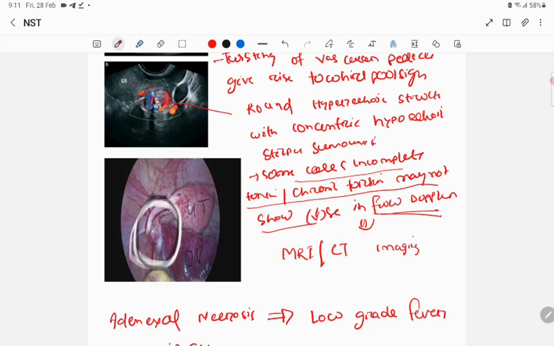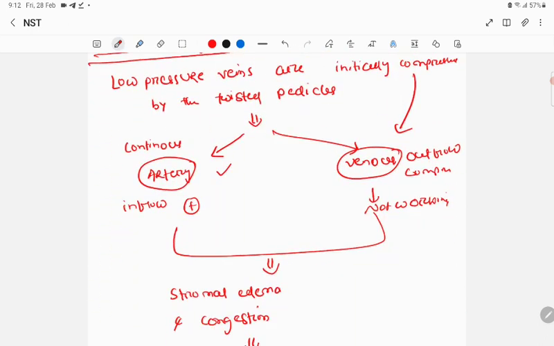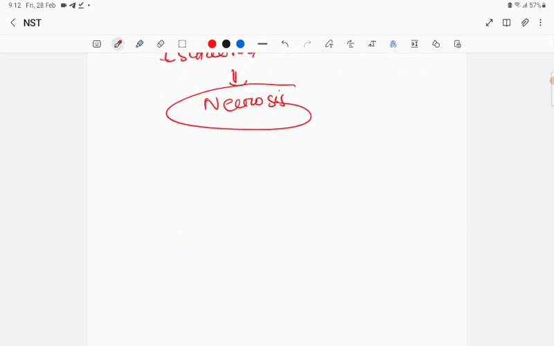In patients with normal Doppler, MRI or CT should be reserved for those who have clinical signs and symptoms suggestive of torsion. So to confirm or rule out this diagnosis, you have to do MRI or CT imaging. Okay, very very important.